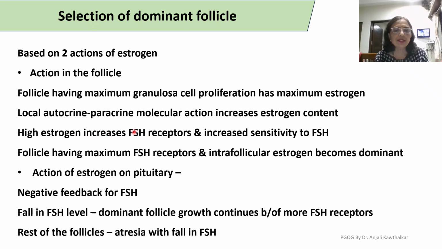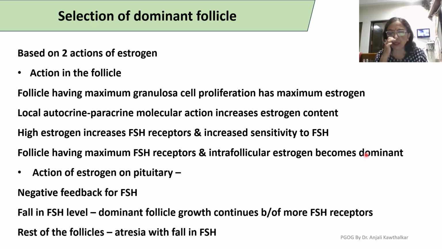High estrogen increases FSH receptors and increases sensitivity to FSH. The follicle which has high estrogen will have maximum sensitivity to FSH. The follicle having maximum FSH receptors and intrafollicular estrogen becomes the dominant follicle.